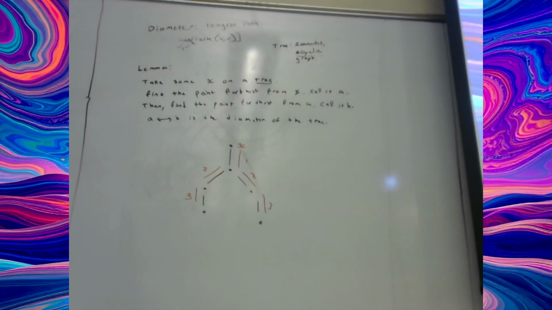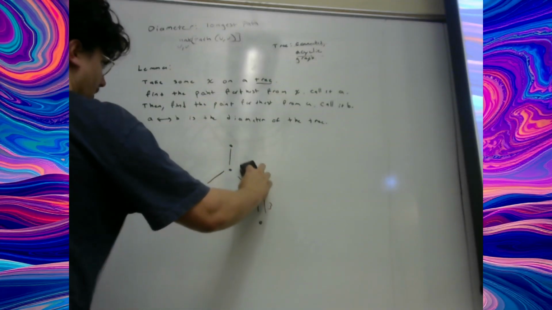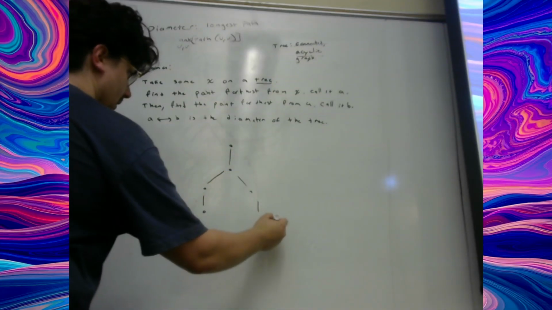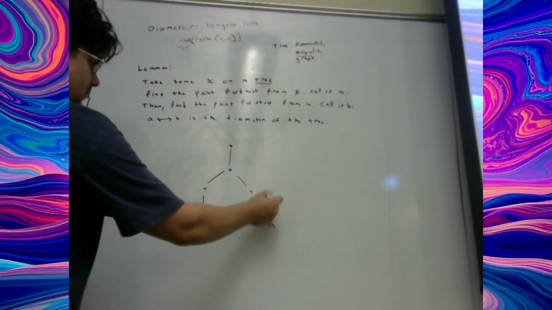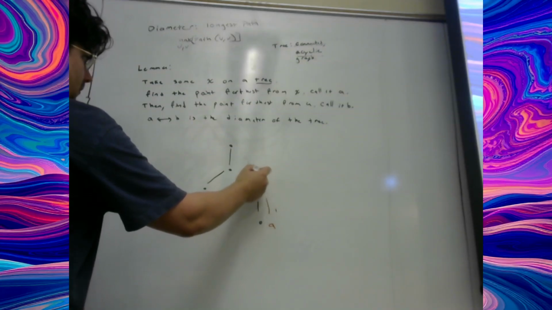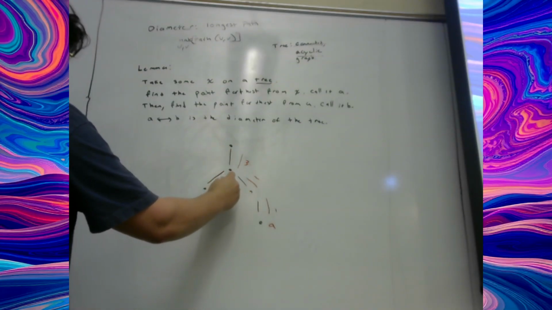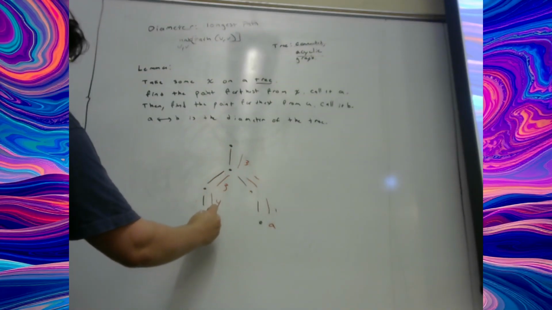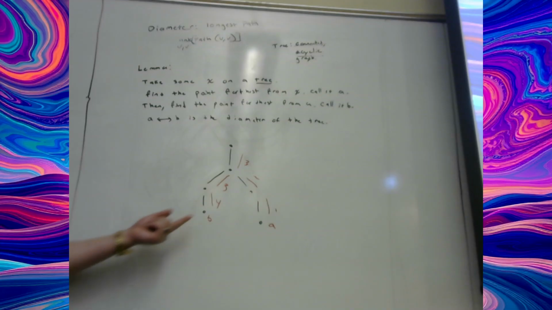In this case, they're both equally far, so we'll just pick one. From this point, that's our A. Now let's find the farthest point from A. 1, 2, 3. Recurse back, 3, 4. And that's B. We found the path from A to B, the diameter.